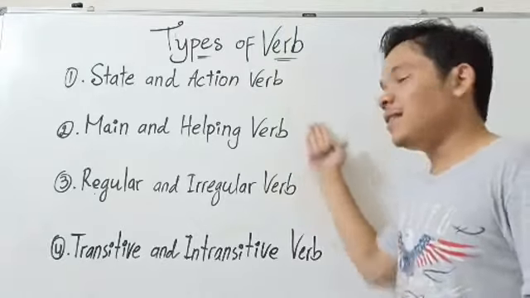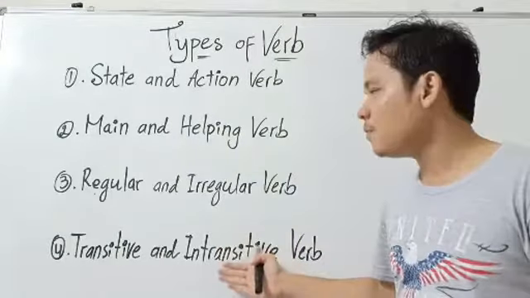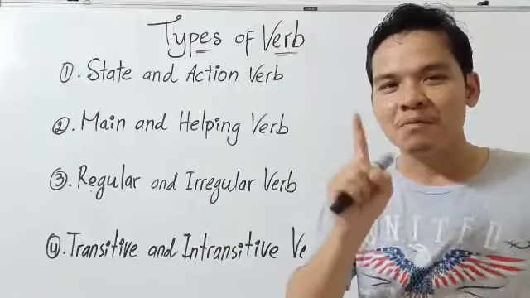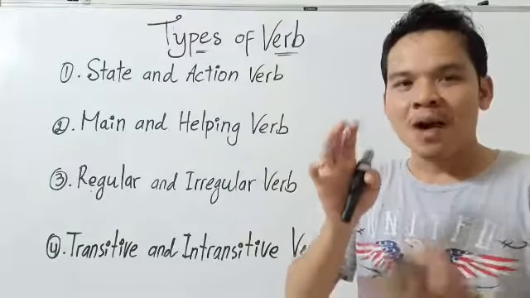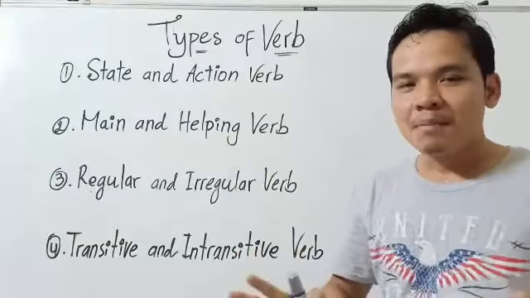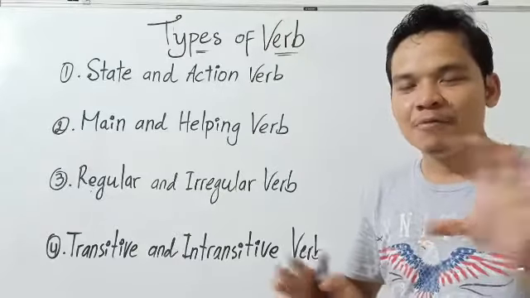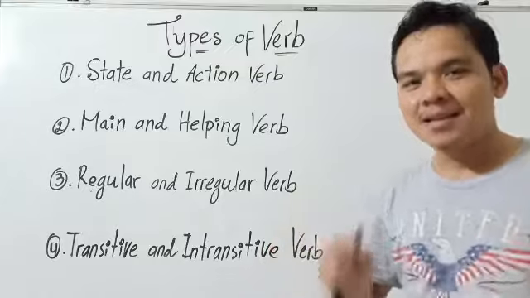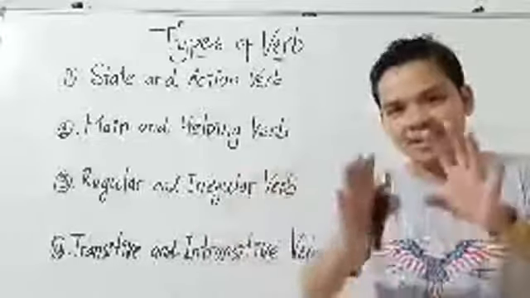Exactly, when we talk about verb, there is only one kind of verb; we don't divide it into types. But when we know deeply, we have to know about types of verb, because verb can be divided into parts.